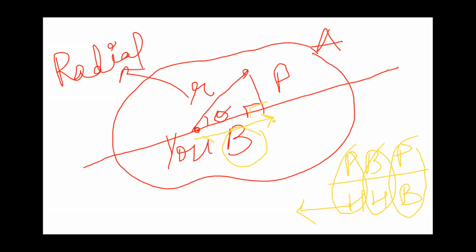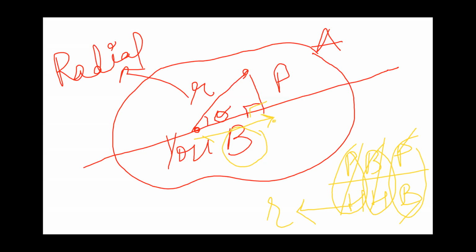Our hypotenuse in this case is r, which of course we cannot measure, so we cannot use sine theta and cos theta here. We are interested in knowing p and we can measure b, so we'll use tan theta.